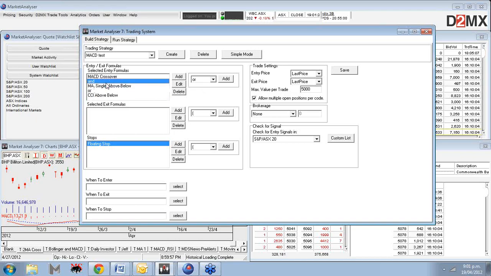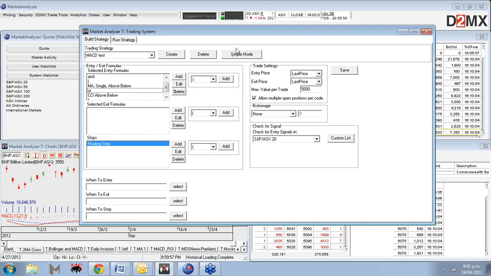And again, I can use brackets in here to group the order that I actually want things to occur in. So these two conditions on the bottom here, the key condition is the MACD crossover, and if these ones in here are true, then an entry signal will be taken.